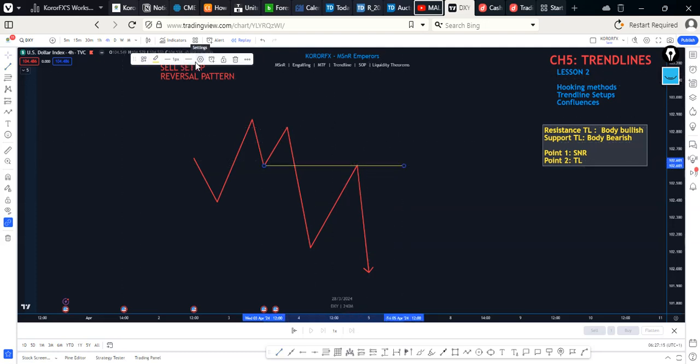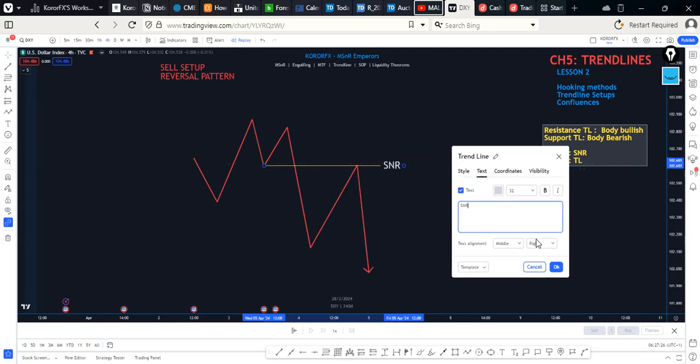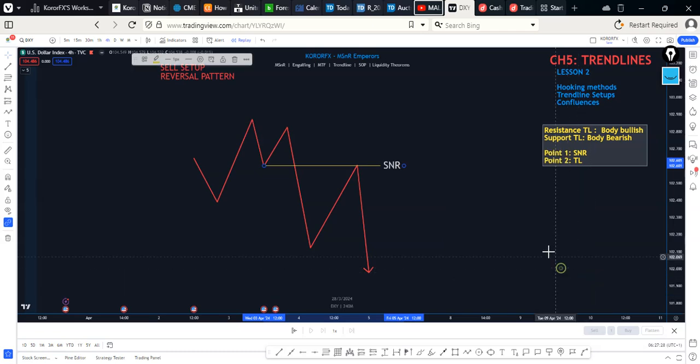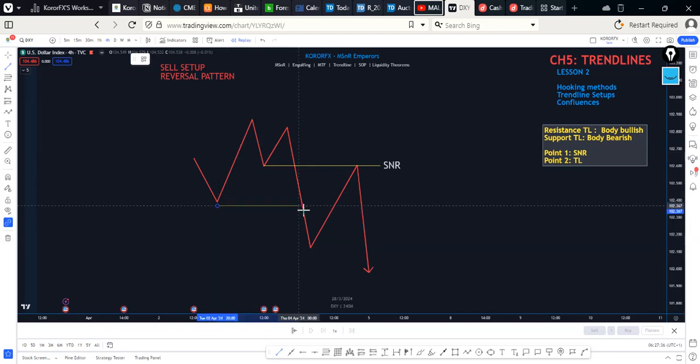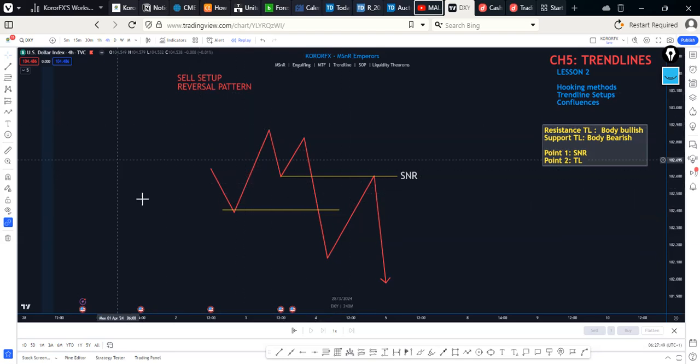When that price break is there, we have SNR. That's the first point, because this is what I taught you a couple minutes ago. When we get the SNR, we want the trend line to get a confluence. Price still continues and takes this external low again.